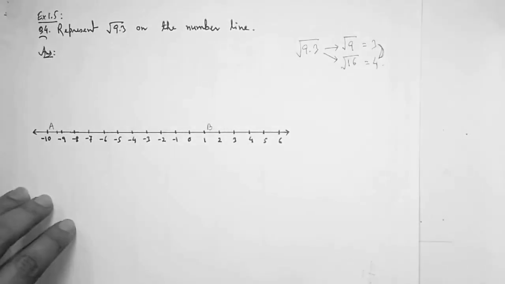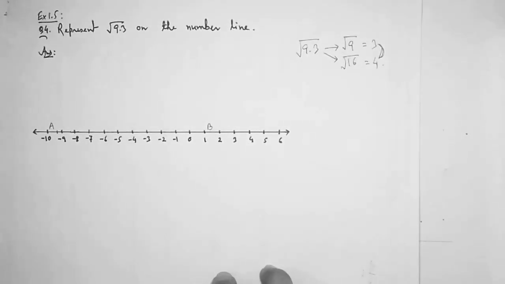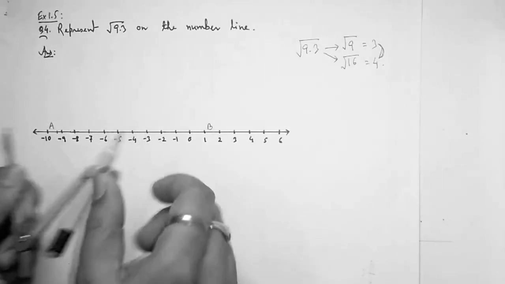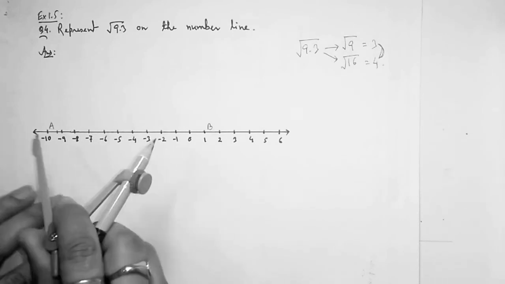Now the next step is we'll be drawing the perpendicular bisector of AB. To draw it, as you have already learned, we need to take more than half of AB. So this is your AB.